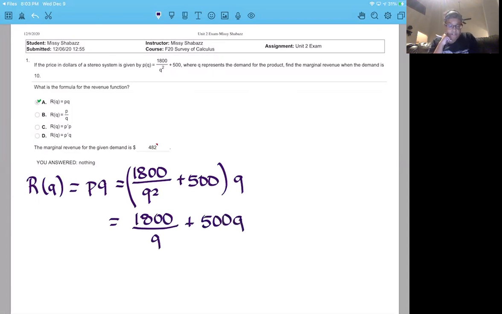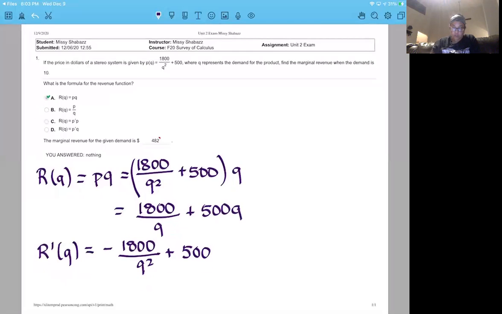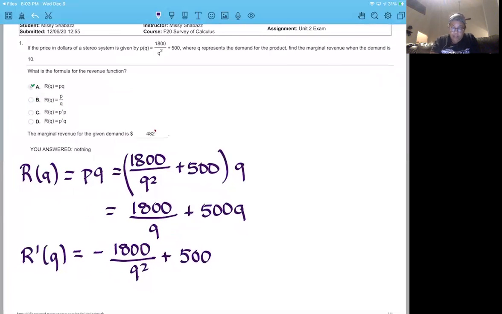Now they want us to find the marginal revenue when the demand is 10. So I want to find the marginal revenue, which means I need to take the derivative. And that gives me negative 1800 over Q squared plus 500. And I want to find that when Q is 10. So I need R prime of 10.